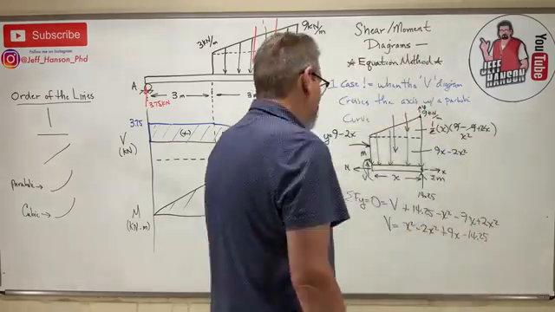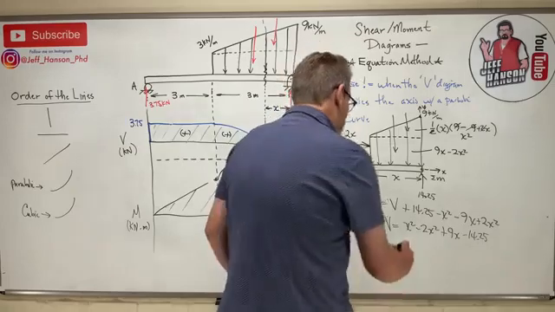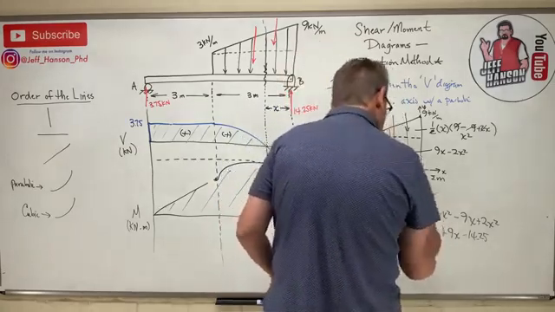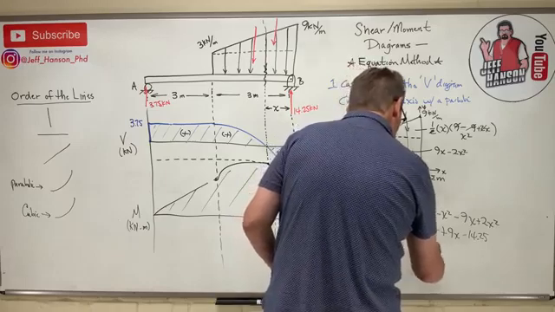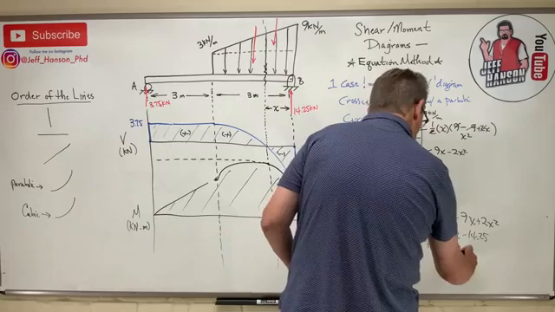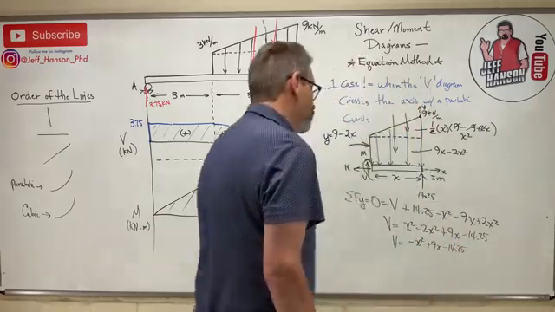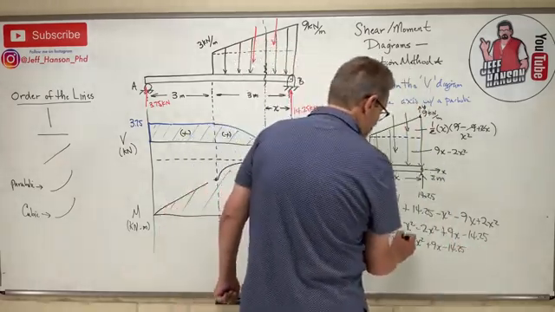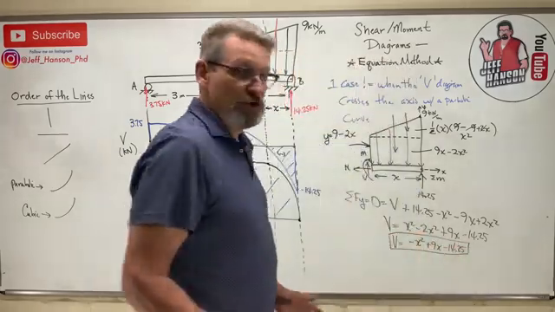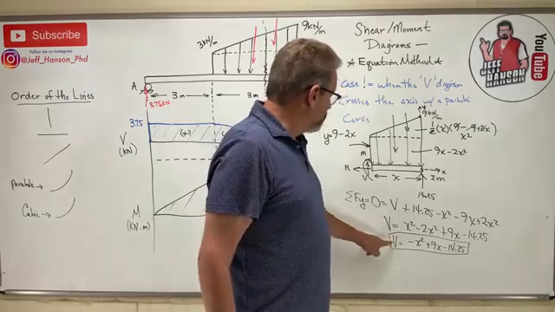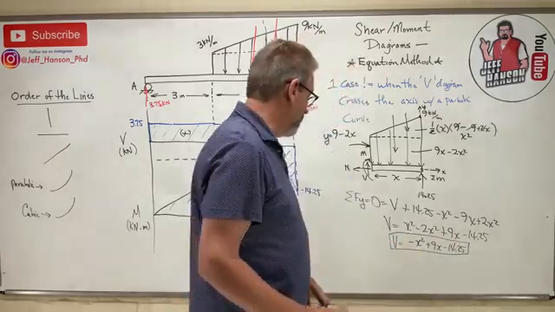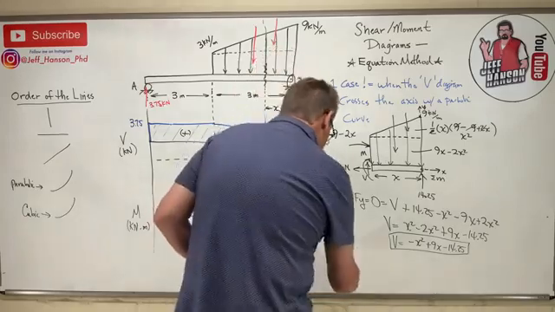Okay? And these first two will simplify, and so v is equal to what? V is equal to minus x squared plus 9x minus 14.25. Okay? So there is an equation for v. Okay? And like I said, I assume the direction of v. If it was going the other way, what would happen? Well, all of these signs would just change. That's all. Okay?